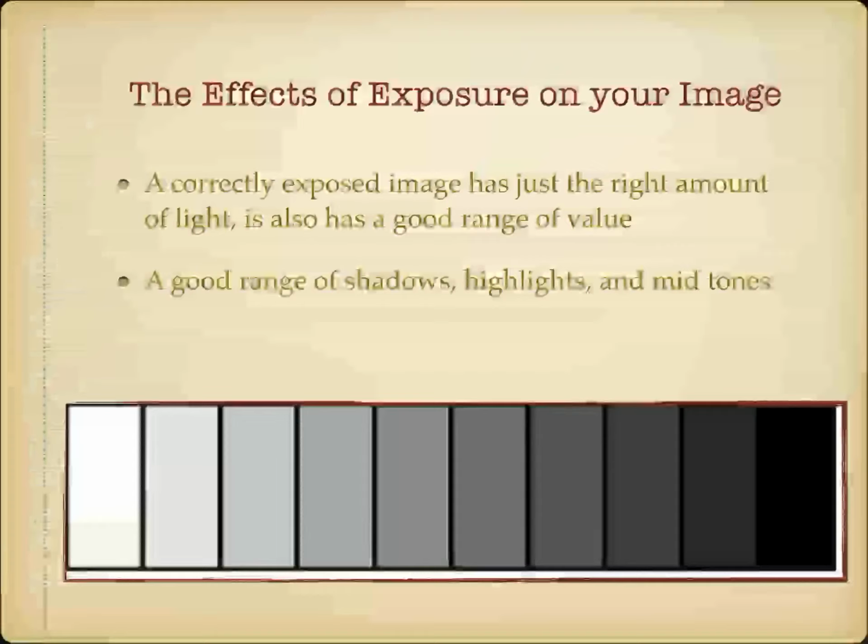the next thing I want to talk about is the effects of exposure on your image. A correctly exposed image has just the right amount of light, but it also has a good range of value. Value in photography is the range of shadows, highlights, and midtones in a picture. Think about a black and white picture.